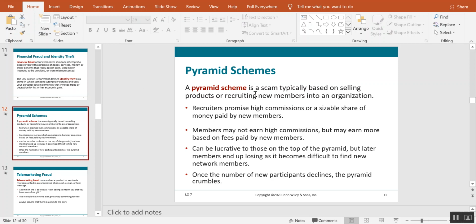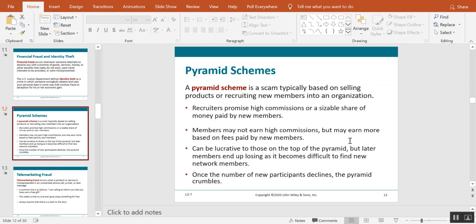They promise a sizable share of money to people who are putting their money with an investment. They say, we're going to give you a 10% return or 15% or whatever it is. You give them your money, and they take that money and pay the 10 or 15% to the earlier members who they recruited early on.